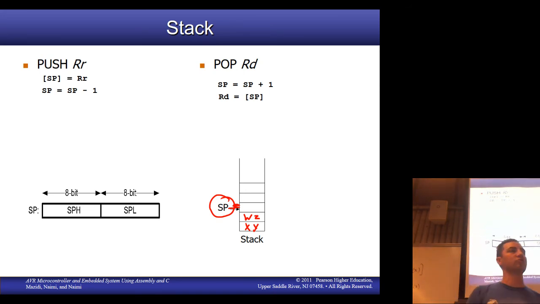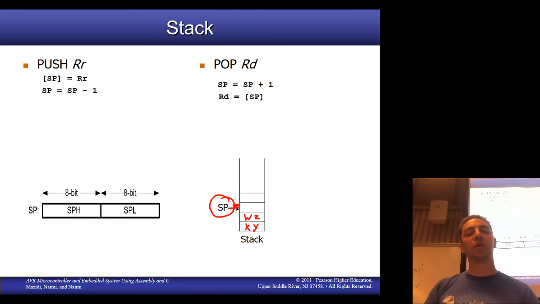There are 2 instructions that interact with the stack. Well, there are other instructions that interact with the stack, but these 2 directly operate on it. That's their sole purpose. If I do a push register, that's going to take the value in that register and put it into memory where the stack pointer points.